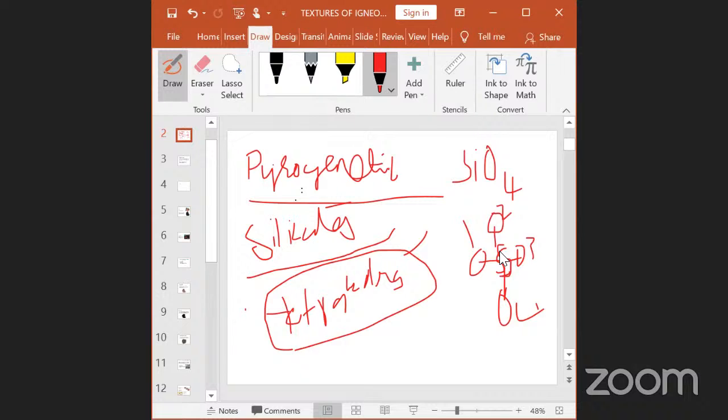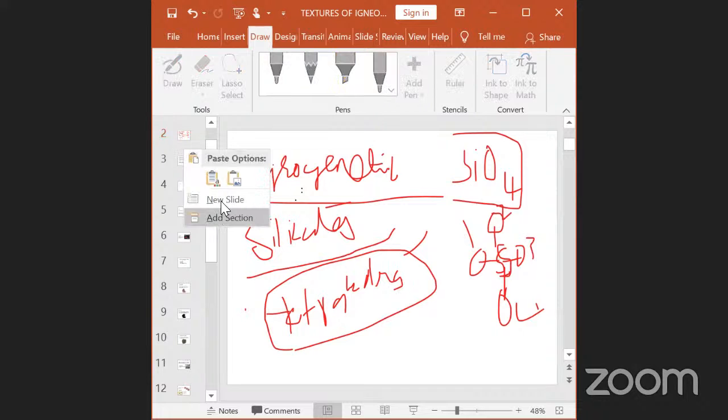We have different types of silicate structures, produced by the linking of the silicate tetrahedra in different ways. Based on crystal structure, silicate structures are classified into types.